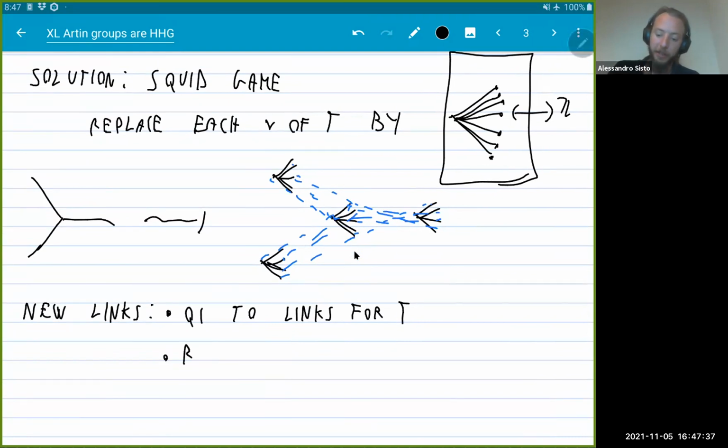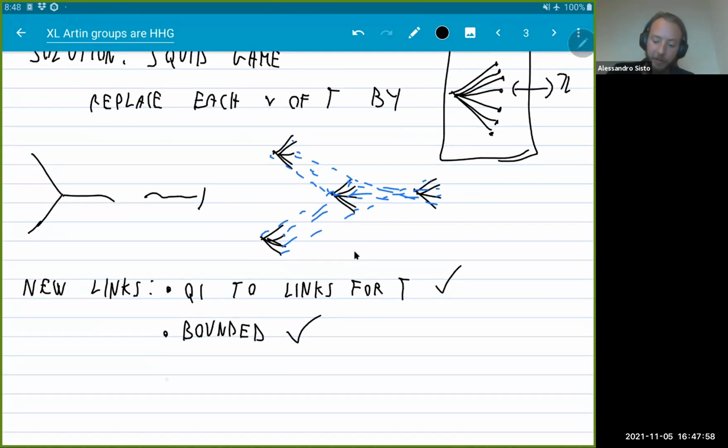There will be lots of bounded links, but that's not a problem actually. It's geometric group theory. Bounded spaces don't count, so that's okay.